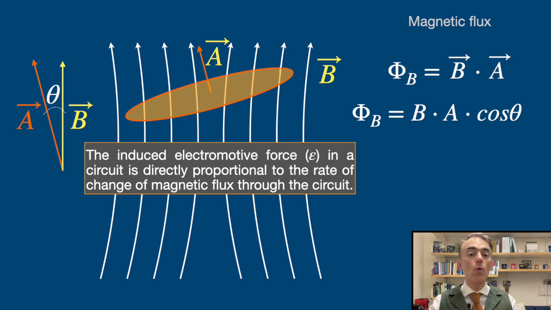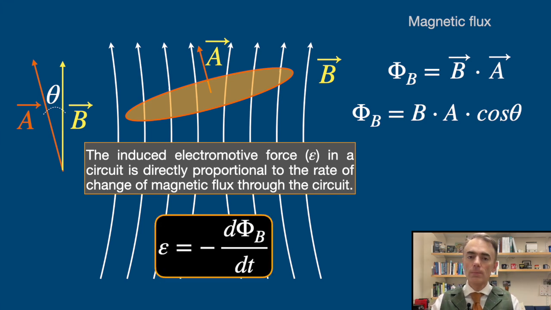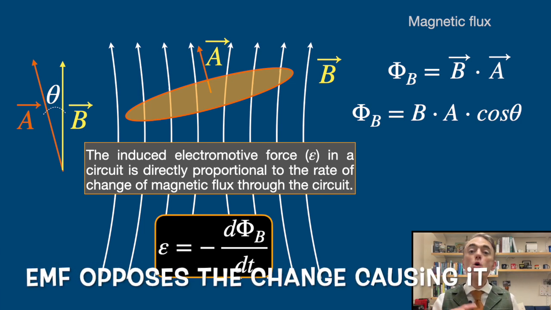In mathematical form, epsilon is minus the time derivative of phi sub B. Here, epsilon is the induced EMF, and phi sub B is the magnetic flux. The negative sign tells us that the direction of the induced EMF opposes the change causing it.